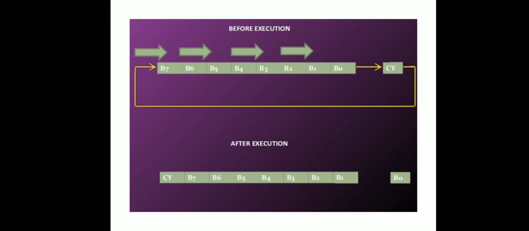As shown in the diagram, the D7 bit is moved to the carry, and the carry bit is shifted to the D0 bit. After execution of this instruction, the bit value of D7 is in the carry flag, and the previous carry flag bit is moved to the D0 bit position.